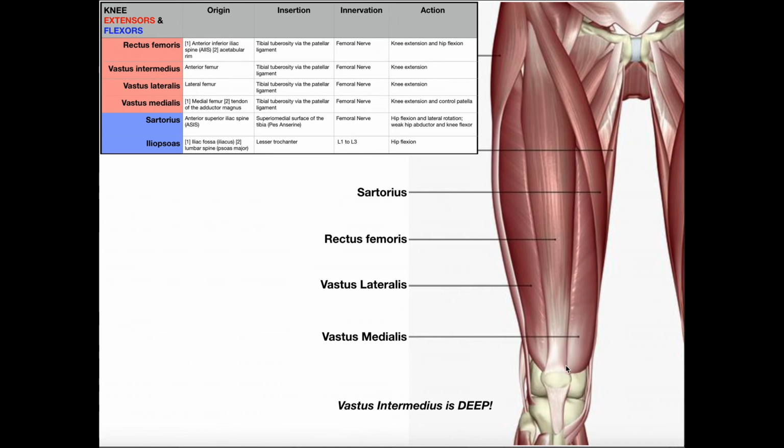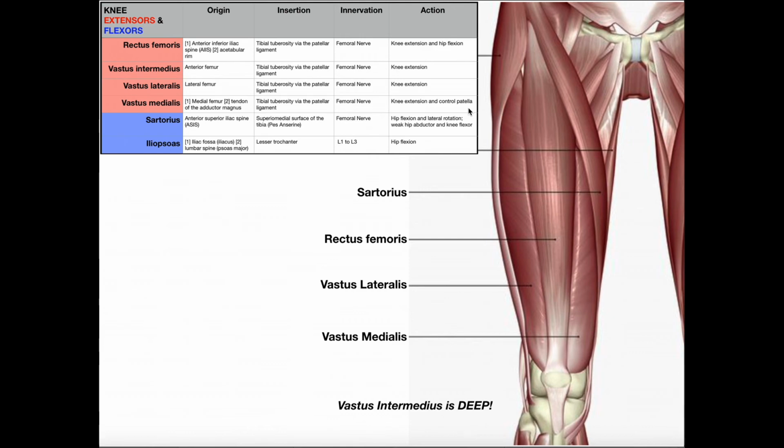Its fibers are running vertically and medially. So it's going to apply a force on the patella that's more oriented in this direction. So it's going to have a horizontal medial component to its force. And so that horizontal medial component is actually going to prevent the patella from moving or translocating too far laterally. And so because the tendency of the patella is to move laterally, part of the function or action of the vastus medialis is to control that patella.